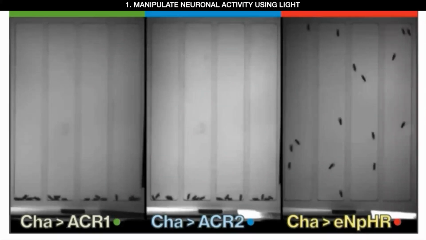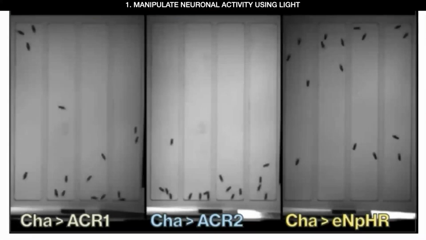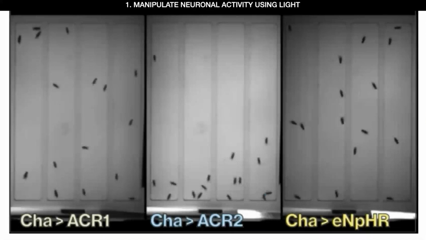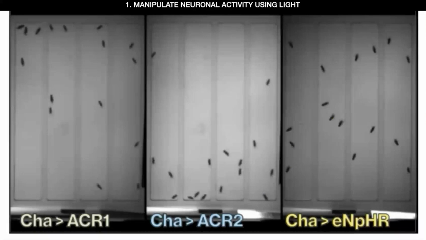Eventually, at one point, the light goes off, as you can see by the color above, and the normal activity of the animals goes back as if nothing had happened before. This is the cool aspect of optogenetics: we can tightly control the activity of the neurons, and we can tightly correlate it with the real-time behavior of the animals.